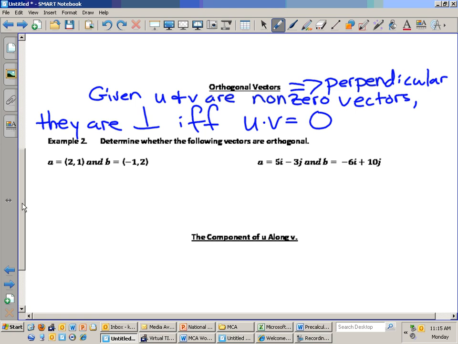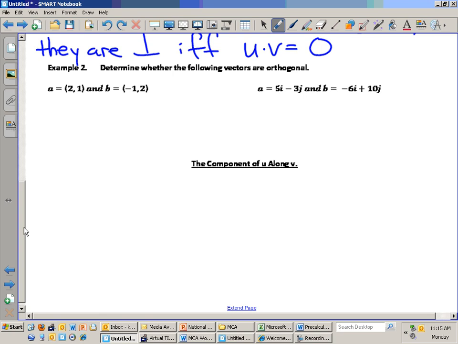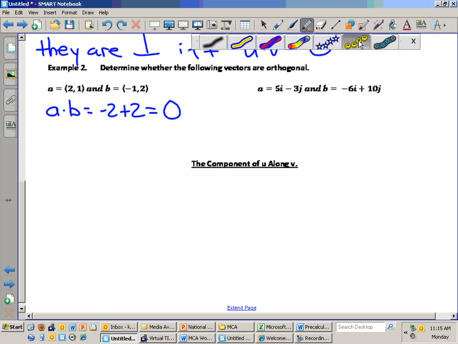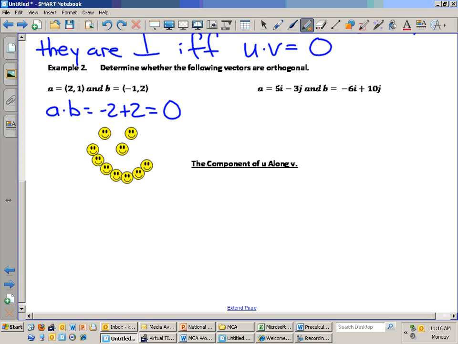Determine whether the following vectors are orthogonal. I will simply multiply them. A times B gives -2 plus 2, which is 0. So I would say that these are orthogonal. Two times -1 is -2, and 1 times 2 is 2. Add them together, I get 0.